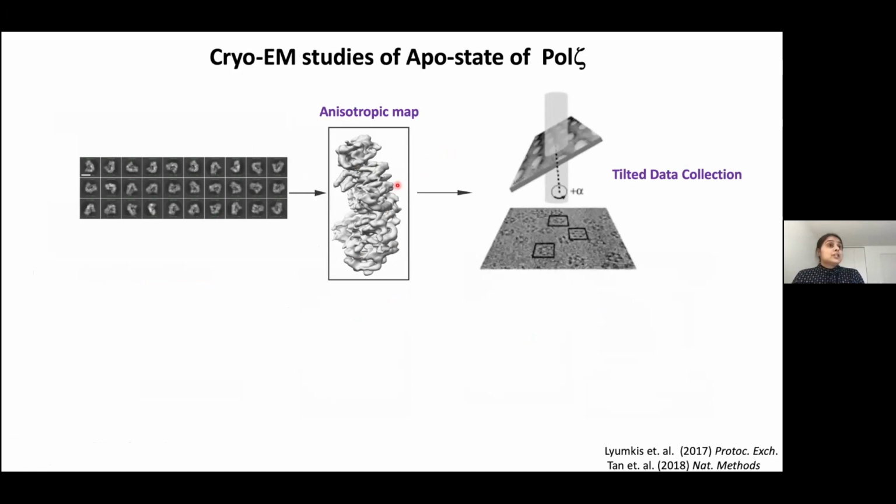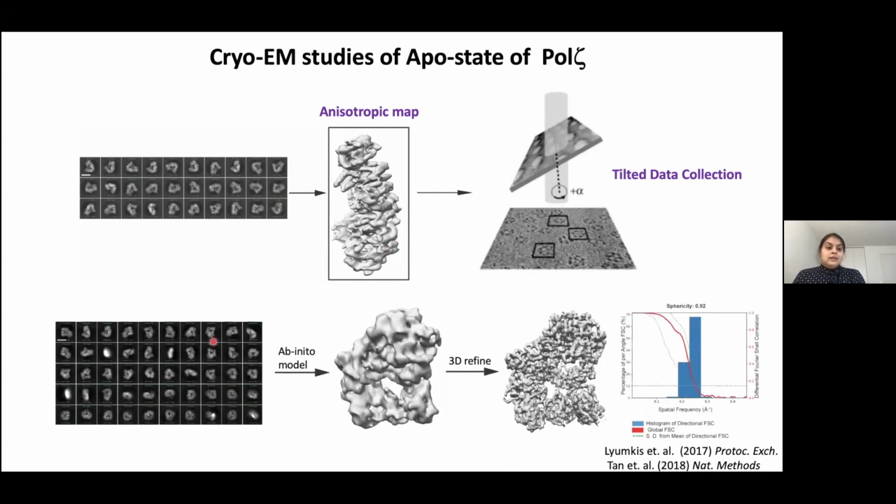The data collection was very tedious and the processing was also quite challenging. However, ultimately we were able to get decent 2D class averages where we could see these side views and also other orientations, which helped us in building the ab initio model to about 4.1 angstroms with a sphericity of 0.92.